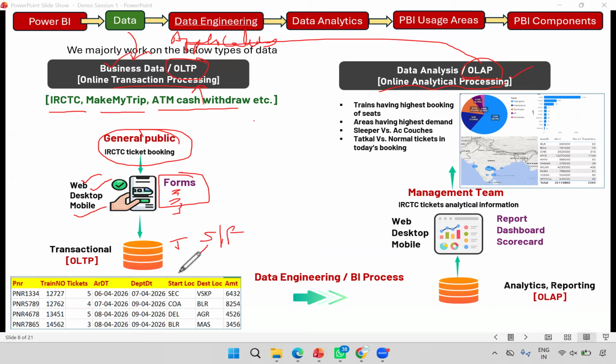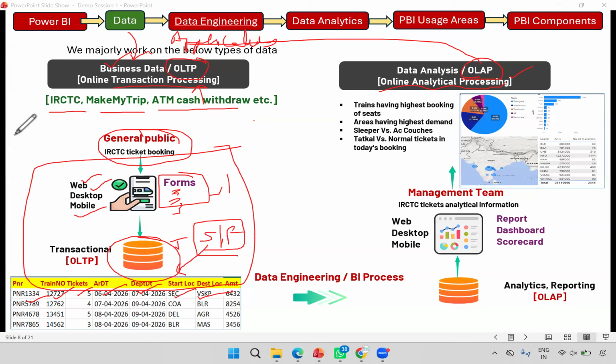If it is successful, the information is available here: PNR number, train number, ticket, start date, arrival date, location, etc. So this is called transactional storage because success and failure only are stored. This is called transactional application and altogether transactional process, OLTP process. So knowingly or unknowingly, we are all using this: transaction processing application, transaction storage, and transactional process.